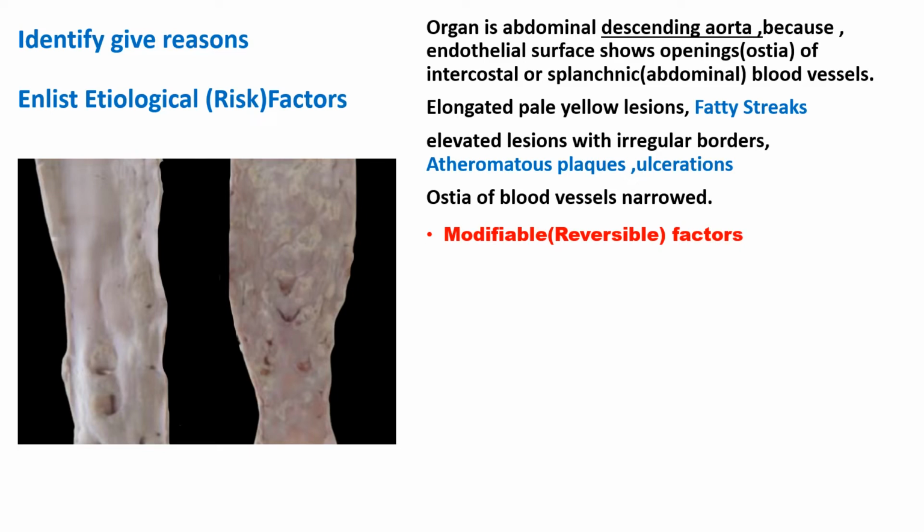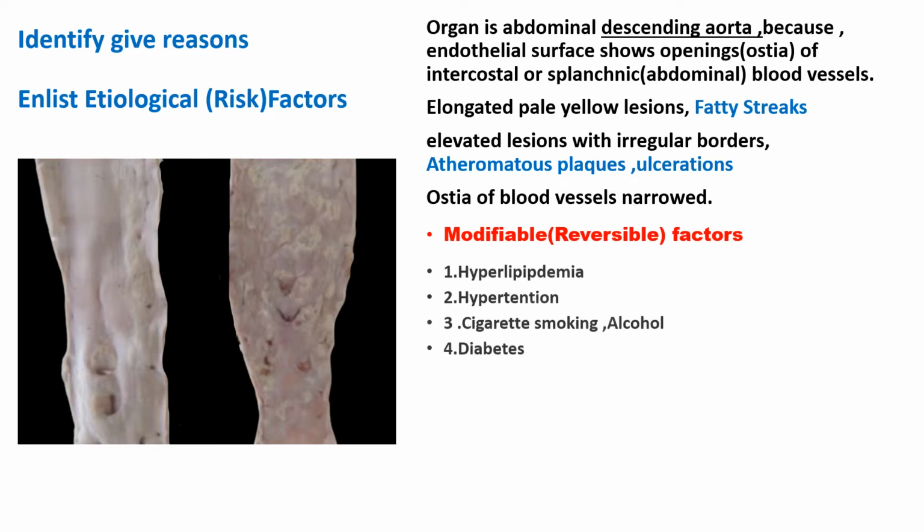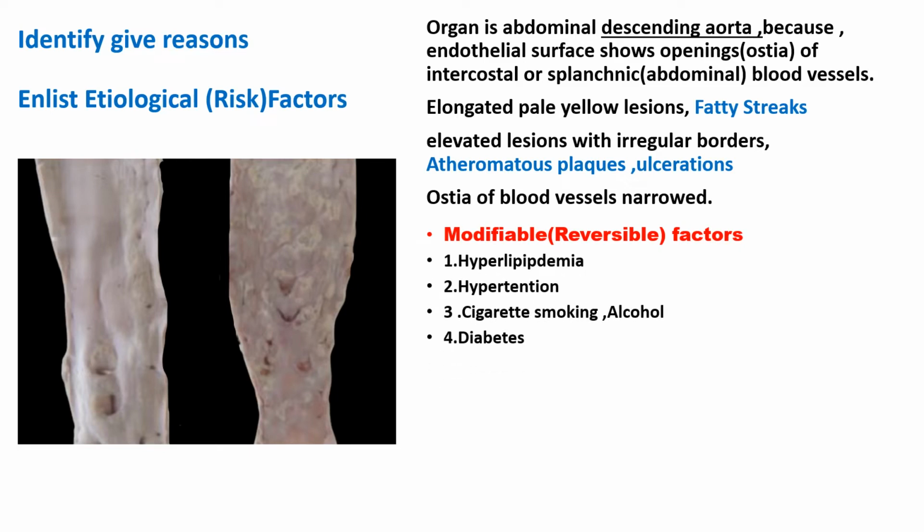Now the risk factors for atherosclerosis of the aorta include modifiable factors and the non-modifiable factors. The modifiable factors are hyperlipidemia, hypertension, cigarette smoking, and alcohol. So also chronic diabetic patients.